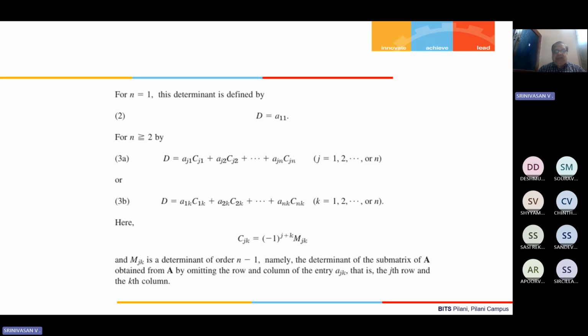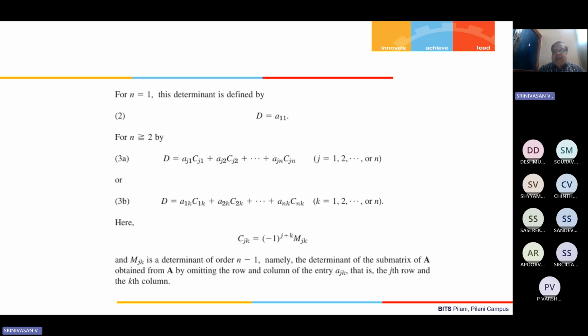So look at where Mjk is a determinant of order n minus 1 because it gets reduced. So when you are having a matrix of order 3 by 3, and when you find minor of any element, say in the first row, first column element A11, you get a 2 by 2 determinant.